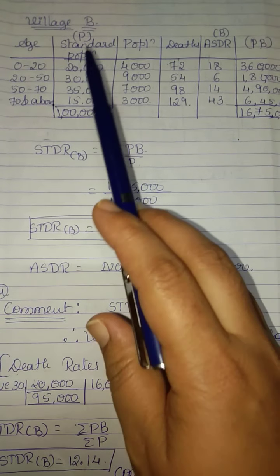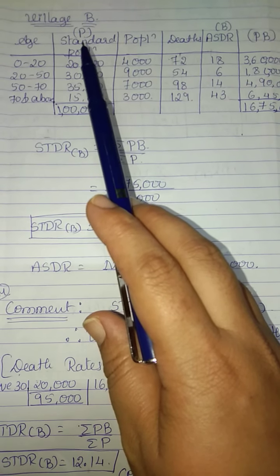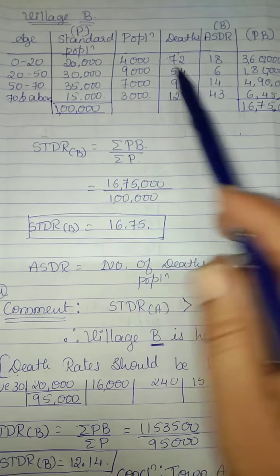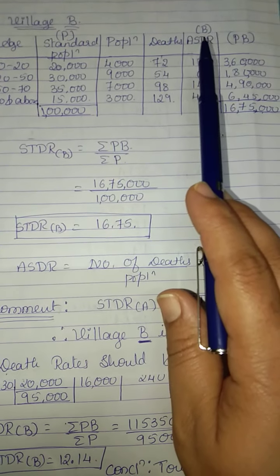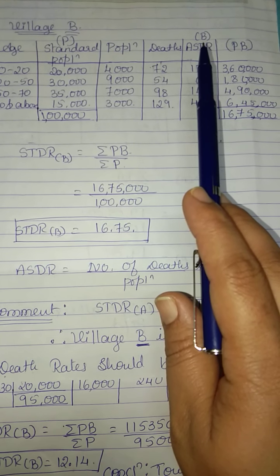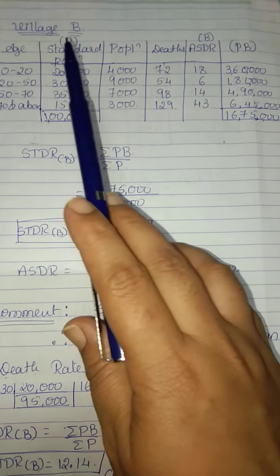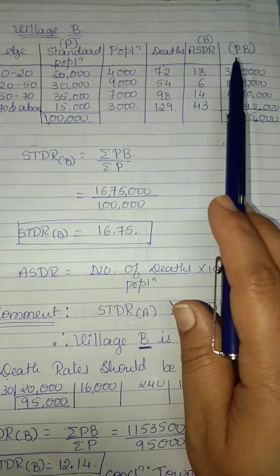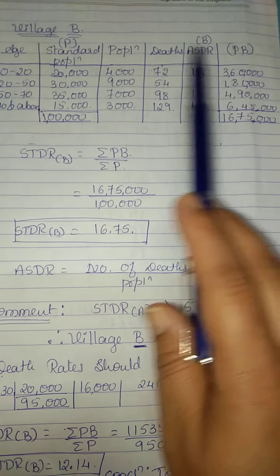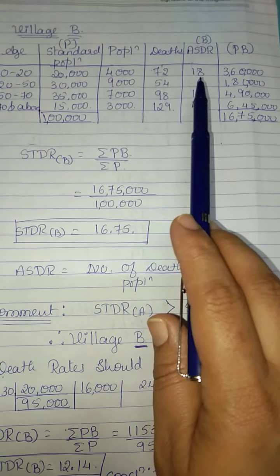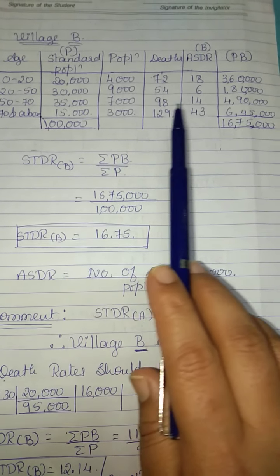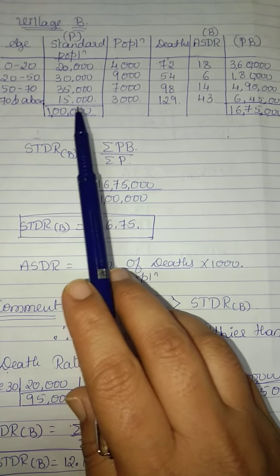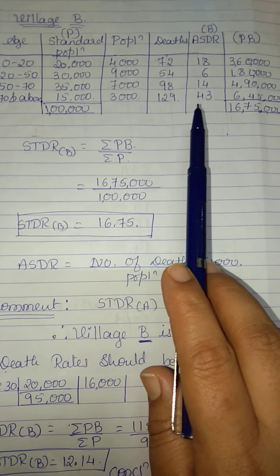This is considered as P. Standard population is denoted by P, and this is ASDR. For village B, I have written B. So multiply P into B, that is PB. Multiply 20,000 into 18, 30,000 into 6, 35,000 into 14, 15,000 into 43.